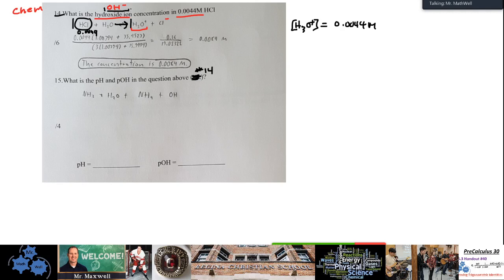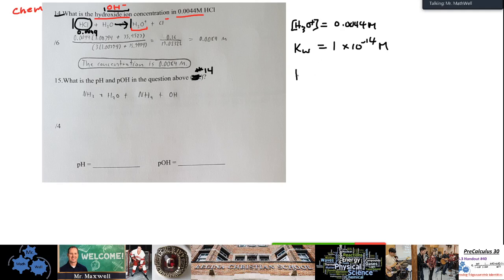We're looking for the hydroxide ion concentration. So if in a solution we know what the hydronium ion concentration is, because we know what the ionization constant of water is, and that's 1 times 10 to the negative 14 molar, we can figure out what OH minus is, right?